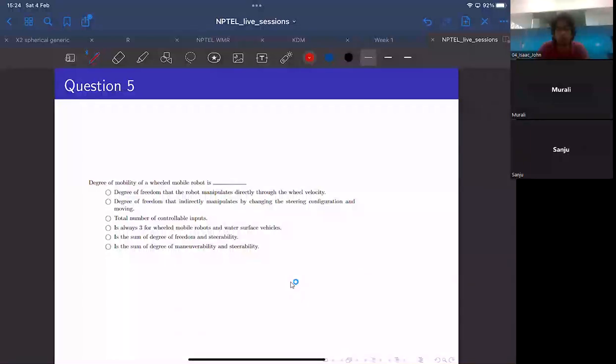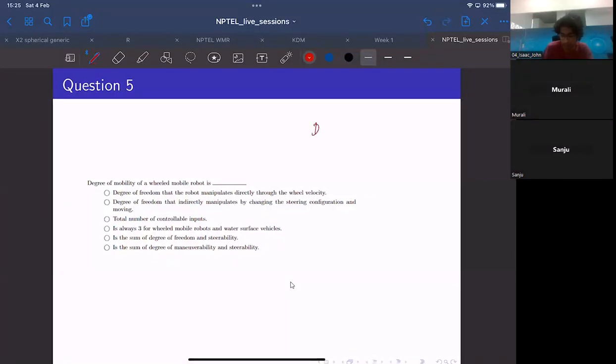Option 3, the total number of controllable inputs, which is always 3 for wheeled mobile robots and water surface vehicles. Option 5, the sum of degree of freedom and steerability. And option 6 is the sum of degree of maneuverability and steerability. So what could be the correct answer? It is very easy to get confused with these terms.